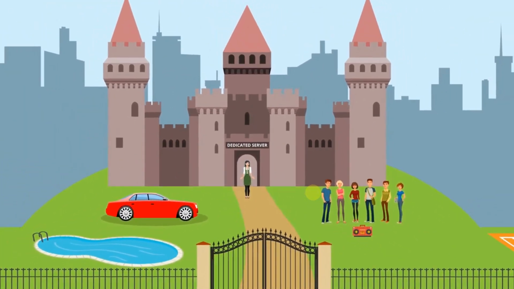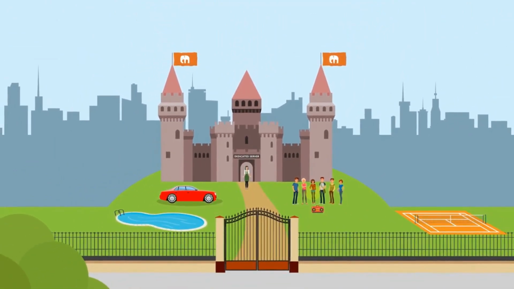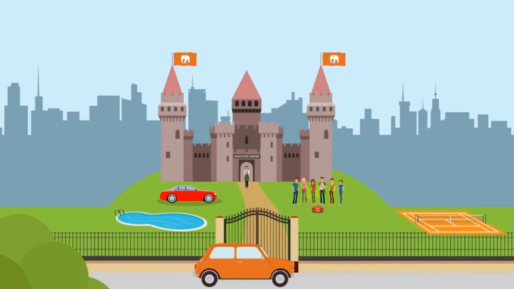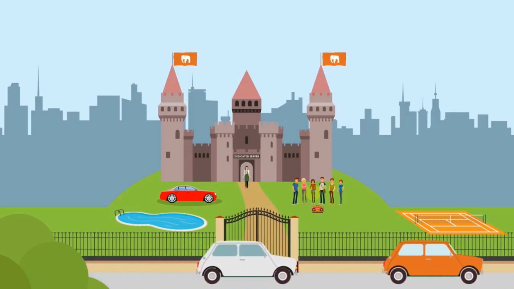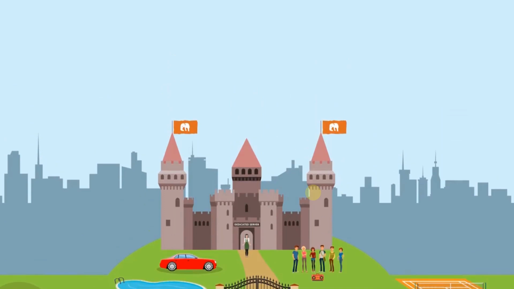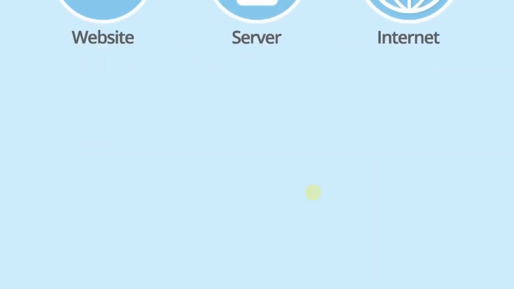Dedicated servers are often favoured by big businesses with popular websites. They're more complex to manage, but they are much more powerful. You will have a huge amount of space, so as long as you can cope, then you can have as many visitors as you want. Well, that's web hosting. Renting space on a server which connects your website to the internet. Easy.